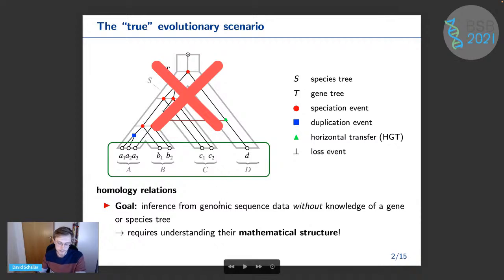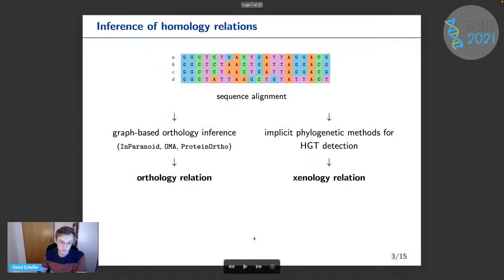Usually to do this, and to verify that what you've estimated is valid, it's crucial to understand the mathematical structure of these relations, as for example we've also seen for the interplay of best matches and orthology. Here we will be concerned with two relations, orthology and xenology. For both of them, there exist tree-free methods to estimate them from gene sequences.